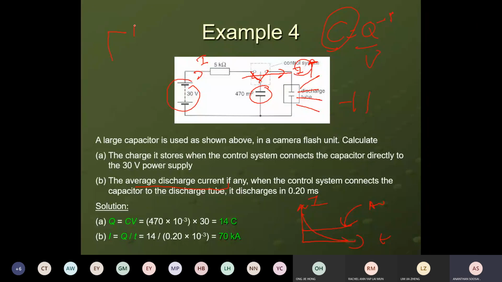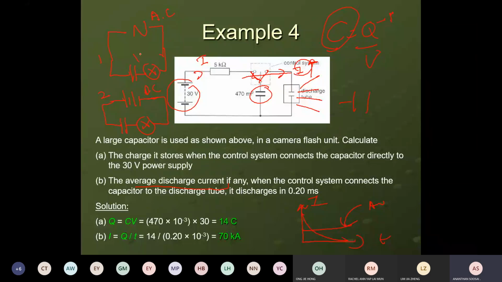Let's say you have alternating current with a capacitor and a light bulb, and direct current with a capacitor and a light bulb, 1 and 2. Which will light up? Will 1 light up or 2? This is AC, alternating current. This is DC, of course. Will AC light up or DC light up?